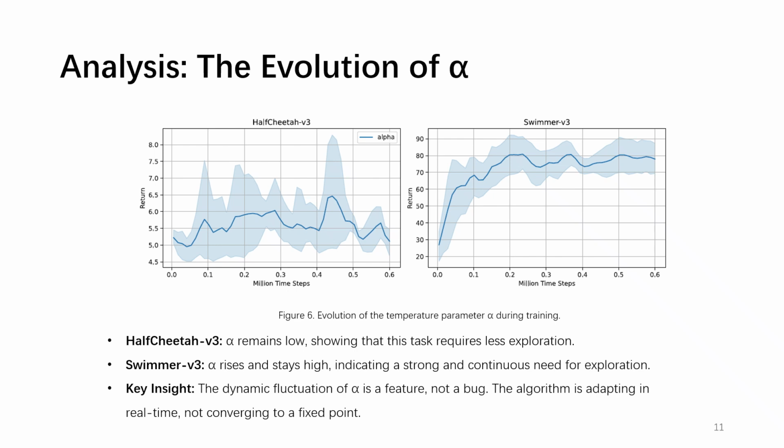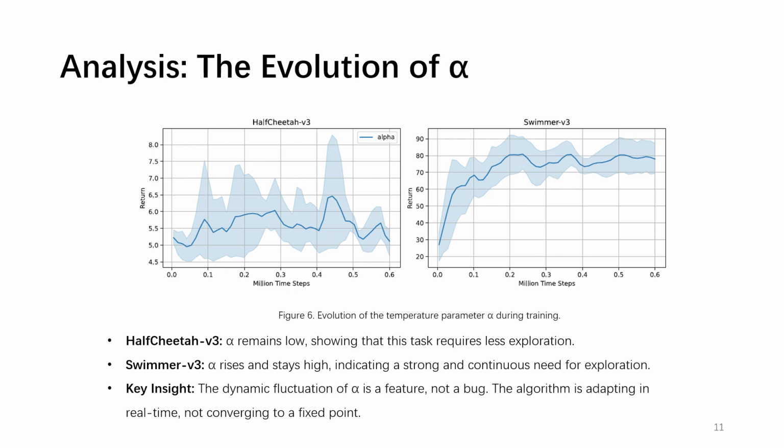In contrast, for Swimmer on the right, alpha quickly rises and stays high. This shows that the agent discovered that continuous high-intensity exploration is necessary to succeed in this task.